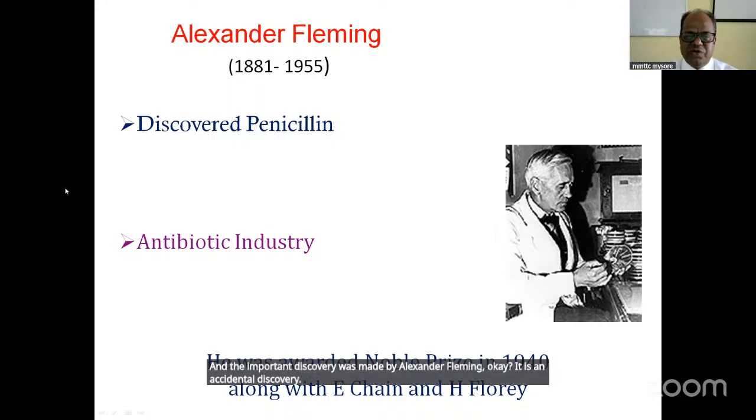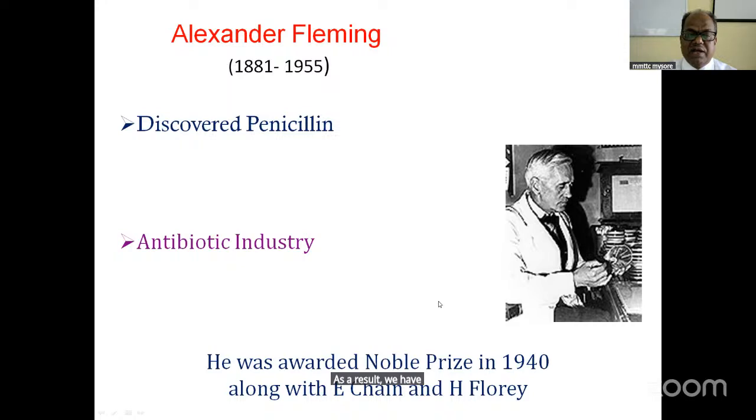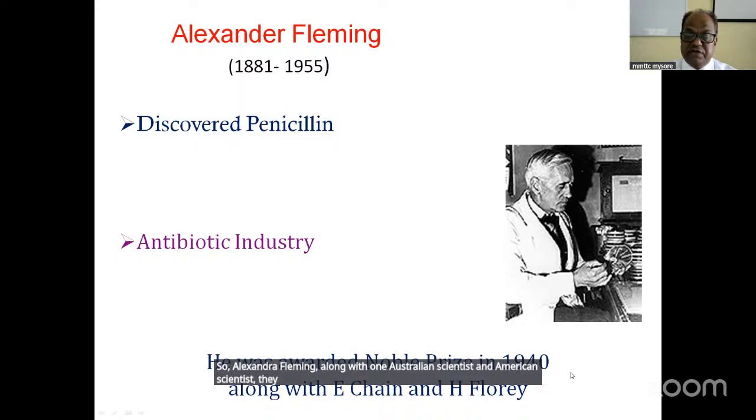As a result, we have a multi-billion dollar antibiotic industry today, all revolving around a simple discovery made by Alexander Fleming. Along with an Australian scientist and an American scientist, he won the Nobel Prize in 1940 for discovering this important drug called penicillin.